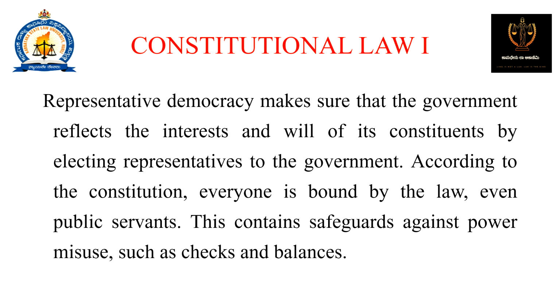Representative democracy makes sure that government reflects the interest and will of the people by electing representatives to the government. According to the constitution, everyone is bound by law, even public servants. This contains safeguards against power misuse, such as checks and balances.